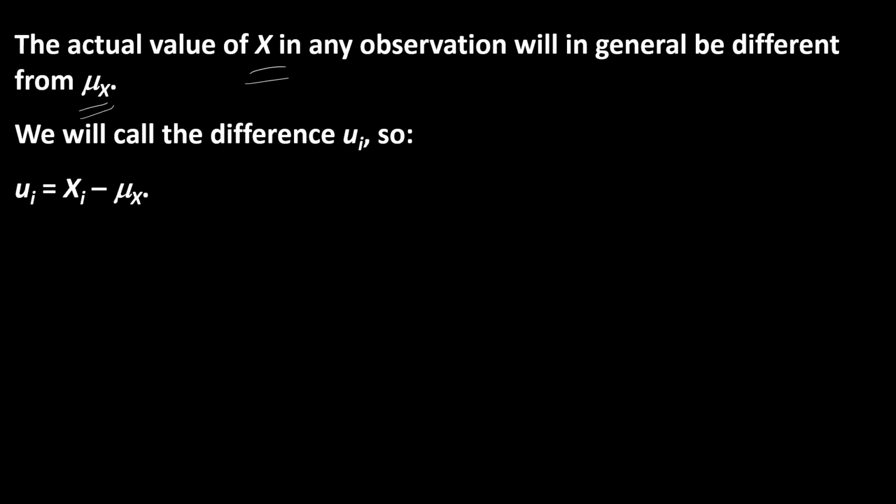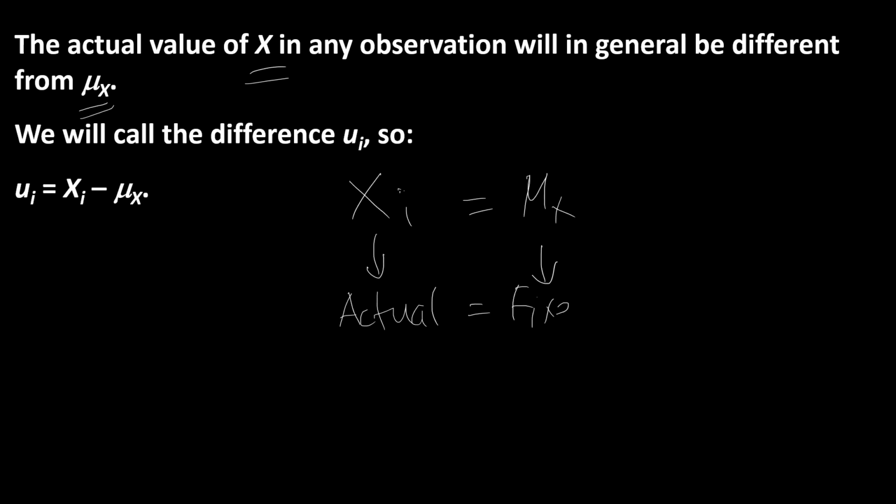So let's say that we have xi, which is the actual observation that we get. xi is going to be equal to mu x, which is the population mean, and this is going to be fixed for all observations. It's going to be the same every time, plus a random component which is denoted by u. So this is going to be different for every observation.